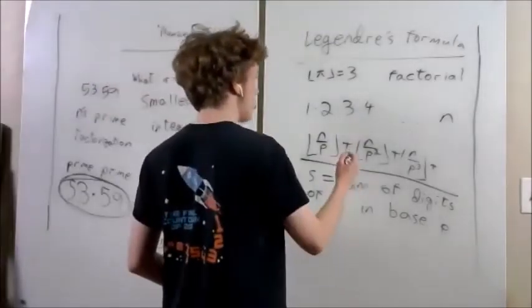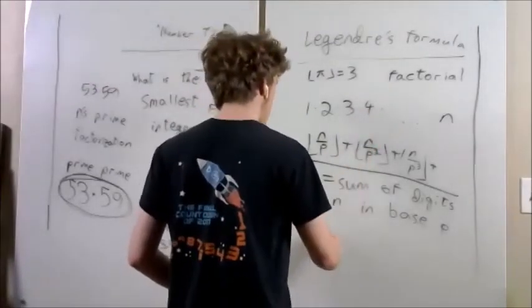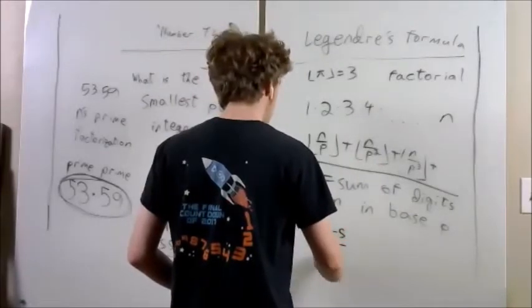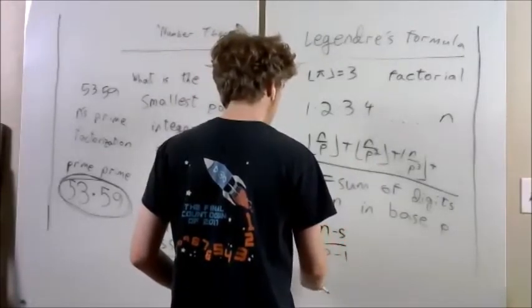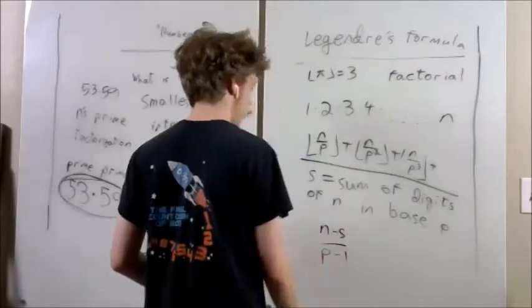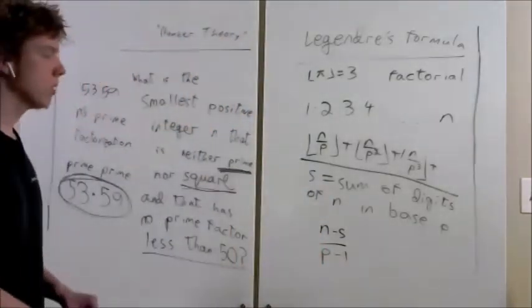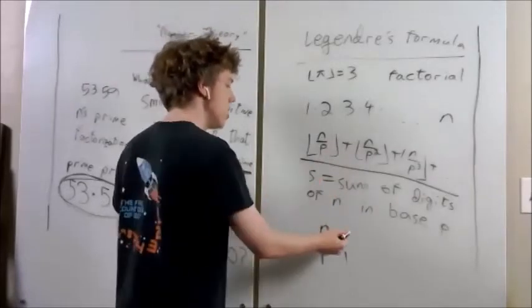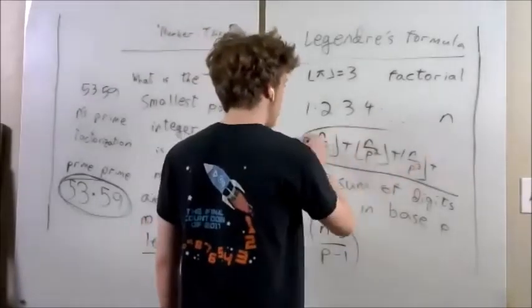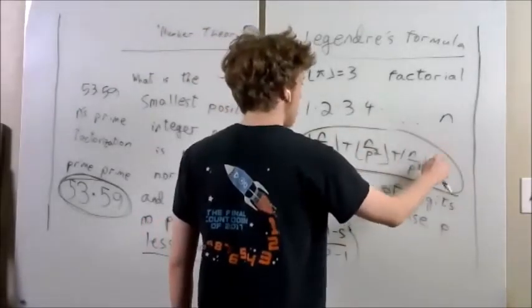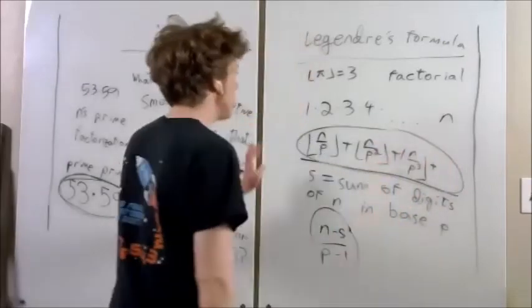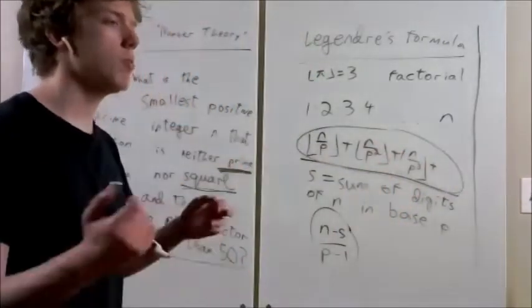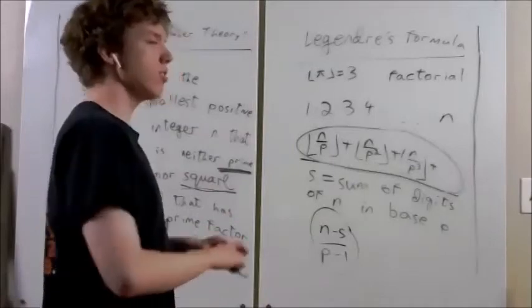Then the answer, the exponent of p in n factorial, is (n minus s) divided by (p minus 1). And it's not obvious, none of this is really that obvious. It's not that clear why this should be equal to this. And it's not that clear why either of those should be equal to the exponent of p in the prime factorization of n factorial. But it's all true.